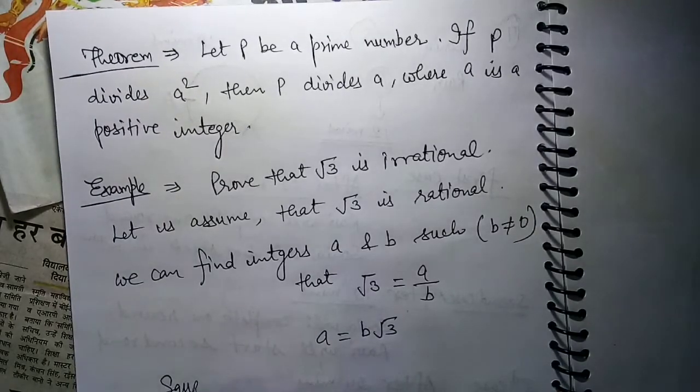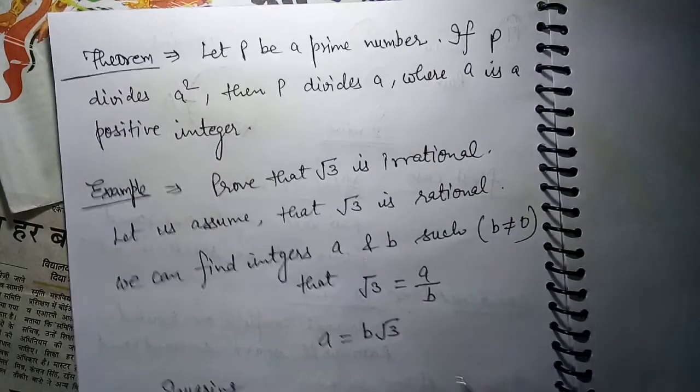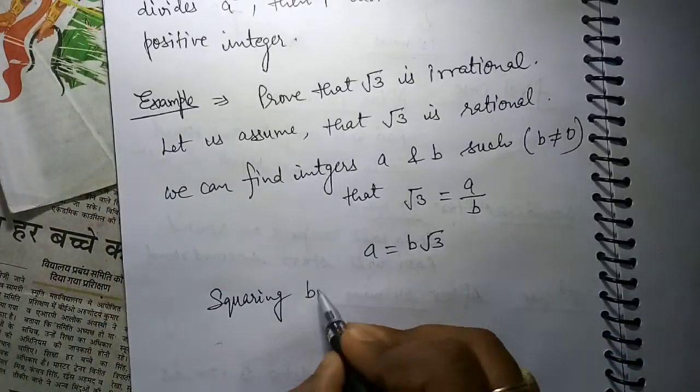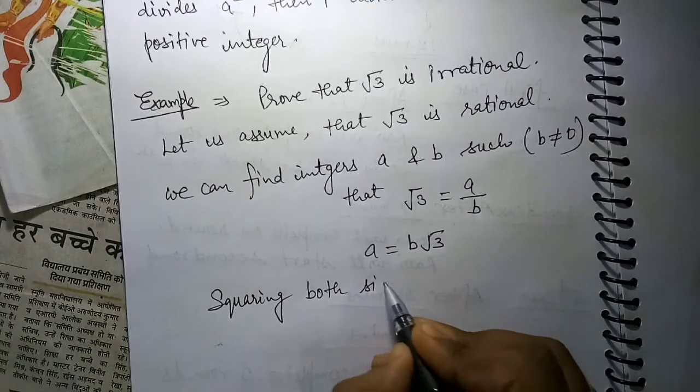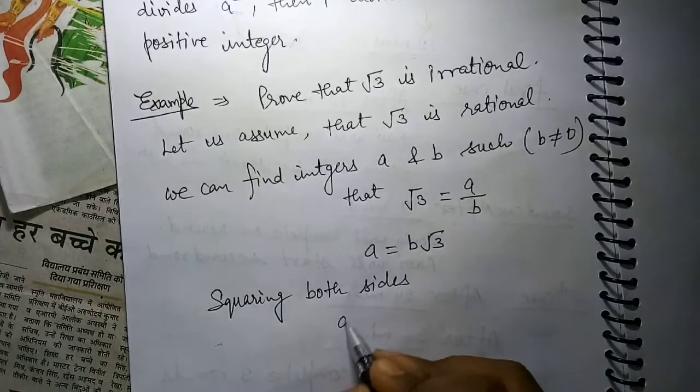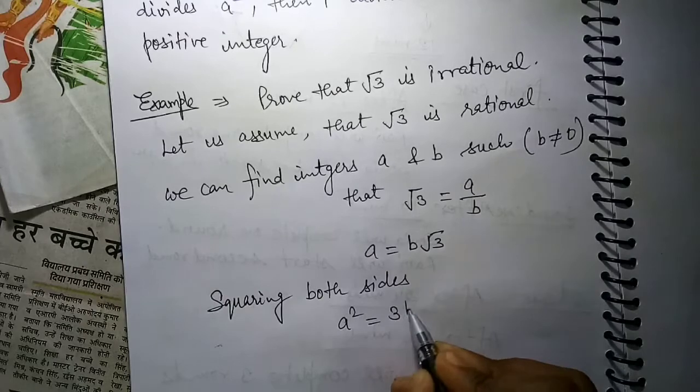Squaring both sides, a square equals 3b square.